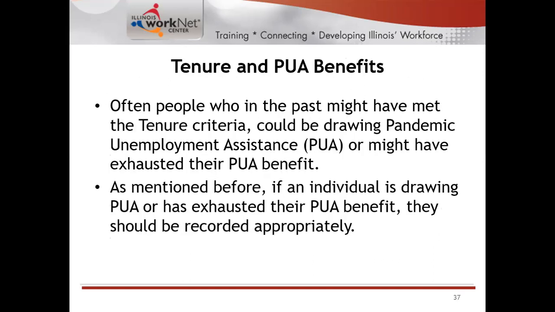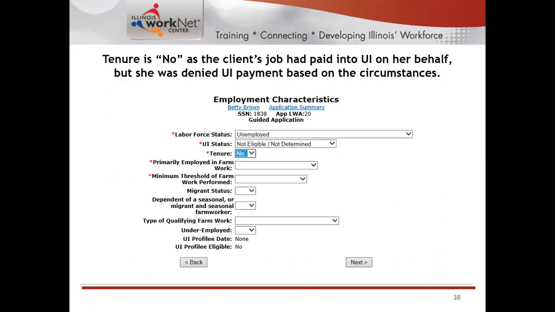So, but now, often people in the past who might have met the tenure criteria could be drawing pandemic unemployment or might have exhausted that PUA. As mentioned before, if an individual is drawing PUA or exhausted their PUA, they should be recorded appropriately under the UI status.